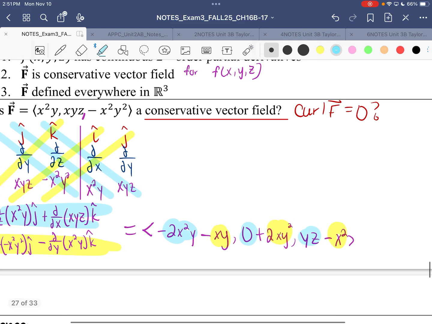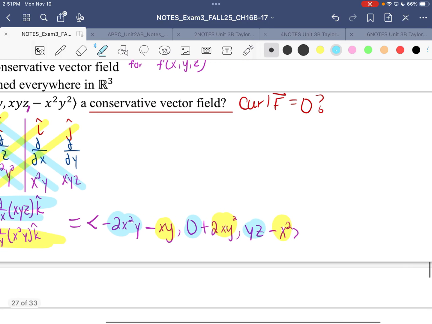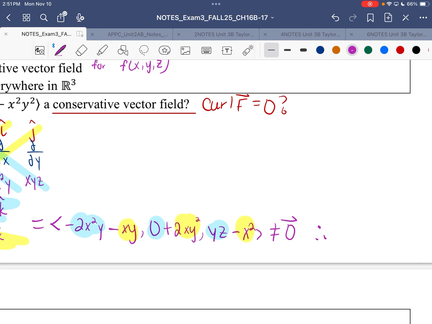Okay, does this equal 0? No. Because it doesn't equal 0, and it should be a 0 vector, so like the things would cancel each other out and be 0, 0, 0. Since it's not 0, it's not conservative.